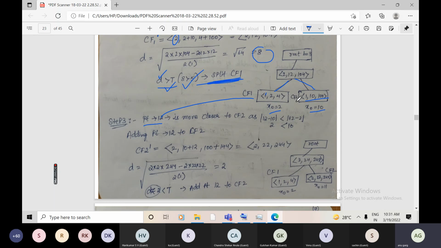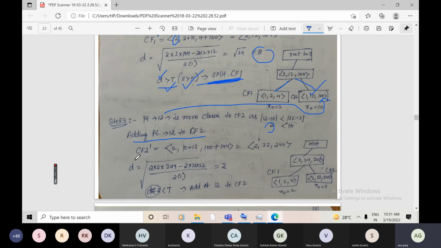So to which cluster feature are you going to add? You find the distance of point 12 from this one and this one: 12 minus 10 and 12 minus 2. Which one is less? 12 minus 10 is less. That means point 12 is closer to this feature, so we should add point 12 to CF2.